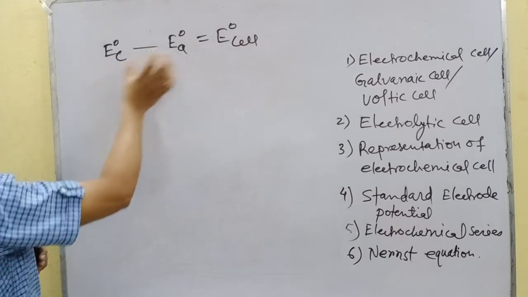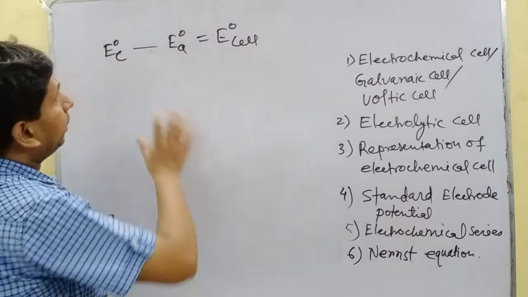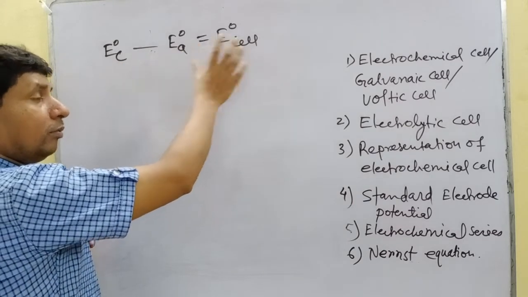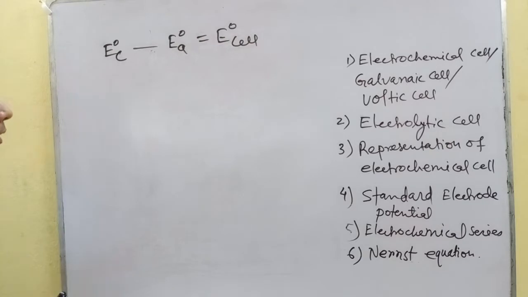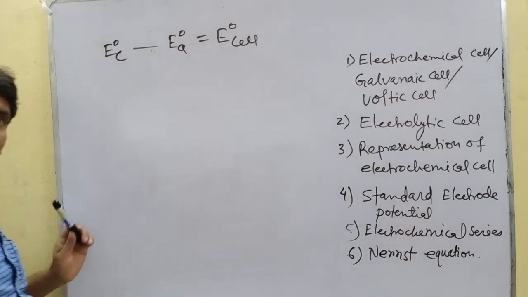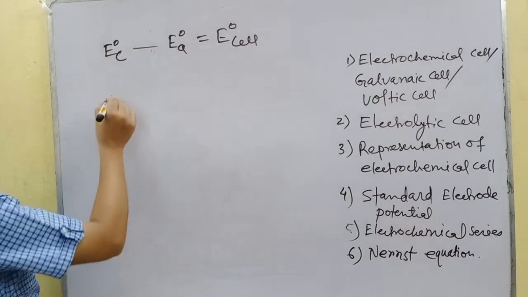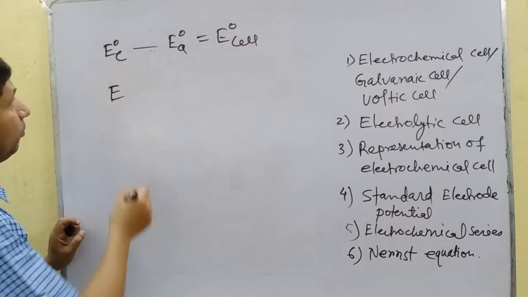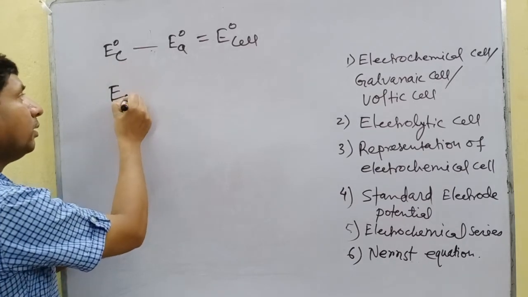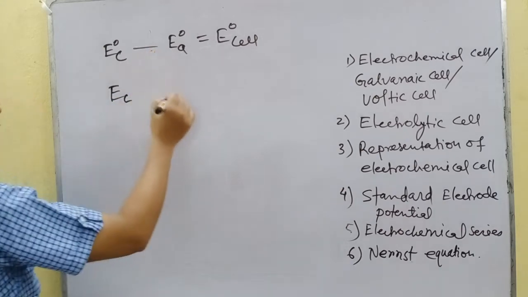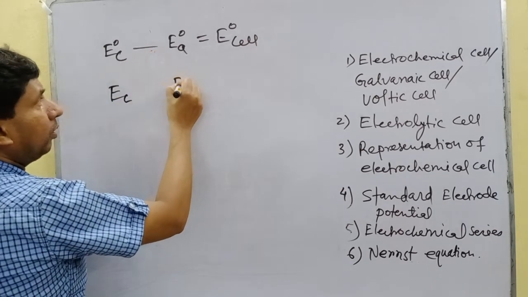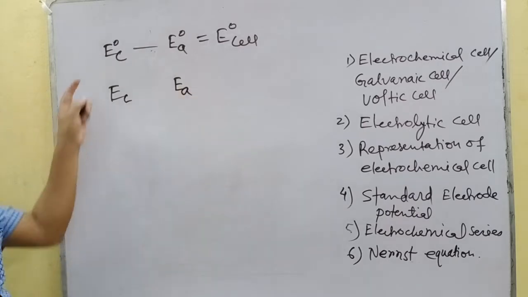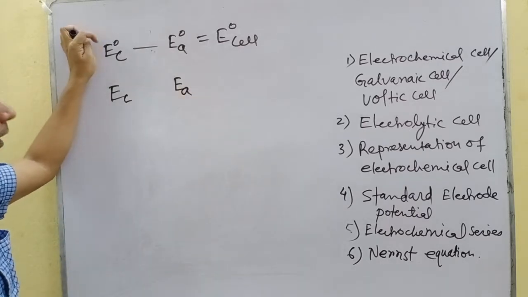That means cathode minus anode equal to the difference of the standard electrode potential of the cell, and at any position if it is not standard, then the cell potential of cathode is just E cathode, and cell potential of anode will be E anode, not a 0, okay.